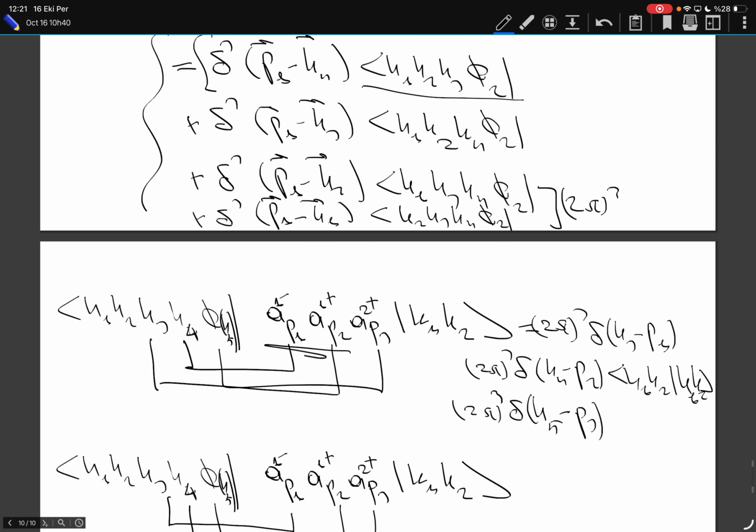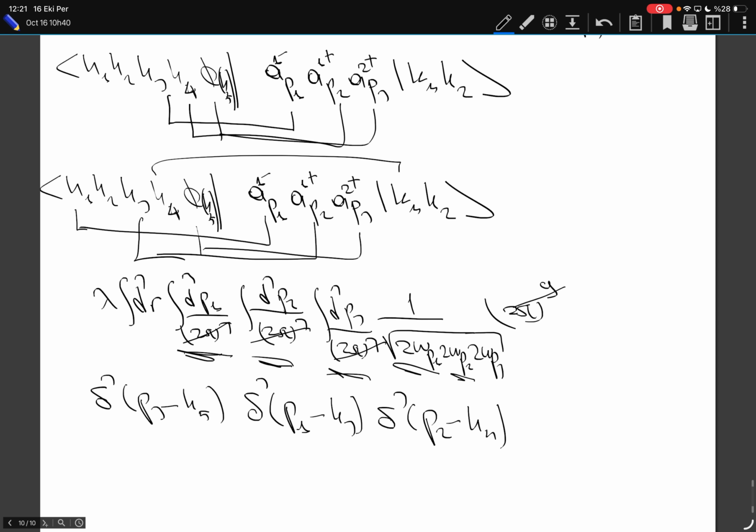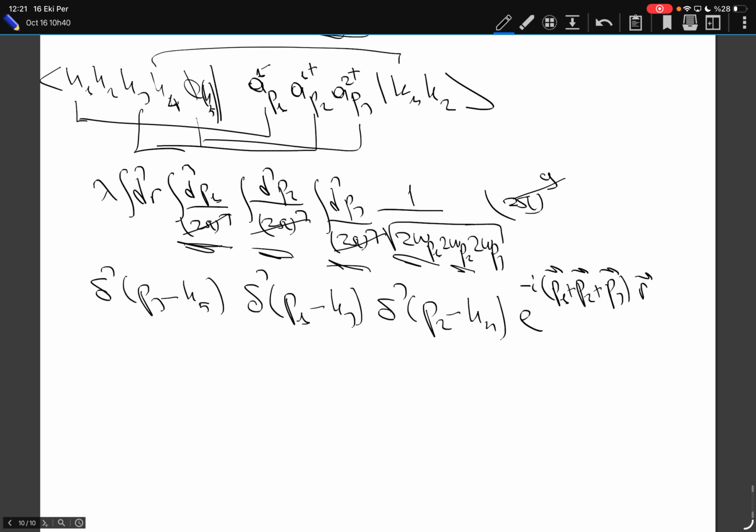And, well, that's all. Then I have each power minus I p1 plus p2 plus p3. Okay, I'm done. This will be my contribution. Like there are omegas factors, lambda factors, etc. But this will be my integral.